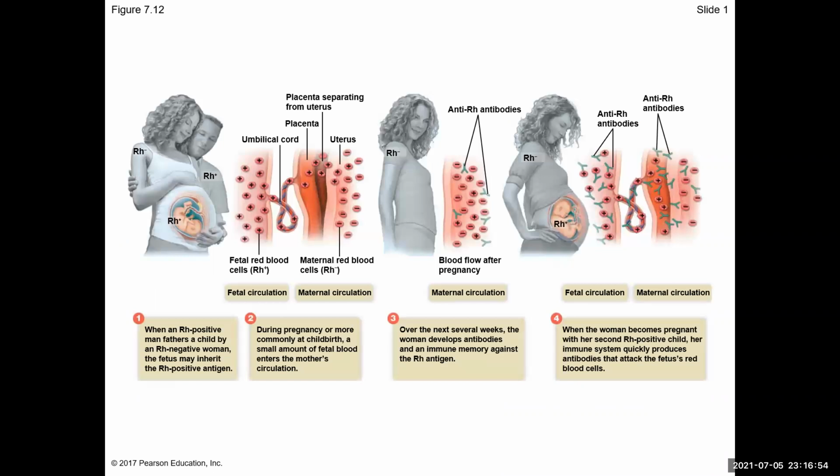So basically we have this scenario here where the husband is Rh positive, the female is Rh negative, but the baby inherits the Rh positive from the father.